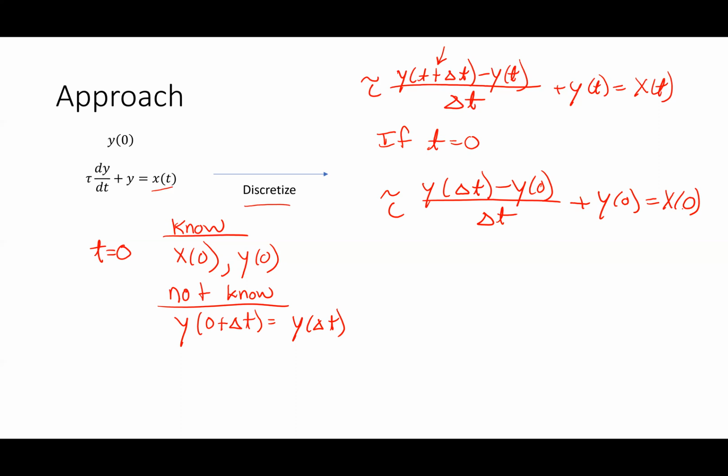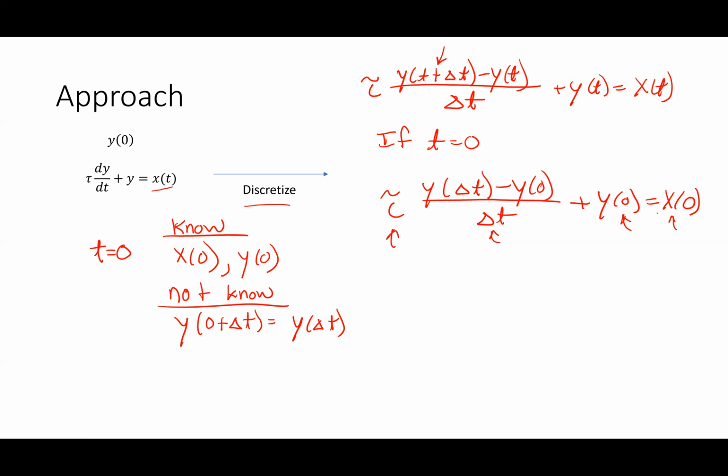What can I do? Well, again, I'd have to be given a number tau. We're going to use an example here in a minute where there's numbers. I have to choose a delta t, so I'd have a number for that. I know what the input would be at that time. I know what the output is at that time. The only thing here I don't know is what? What would be the only thing I wouldn't know? Y of delta t.